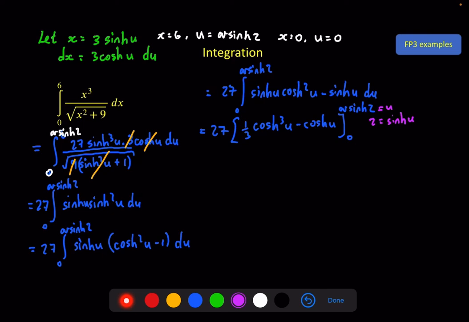And if 2 is equal to sin u, then cos u, which we've used the fact is equal to the square root of sin squared u plus 1, but we know that sin u is 2, so that's the square root of 2 squared plus 1, square root of 5.